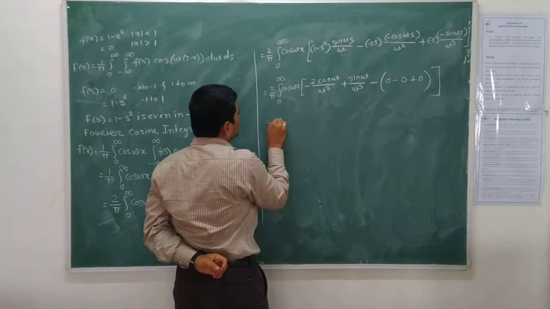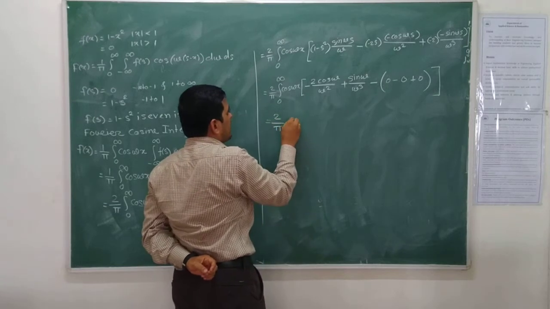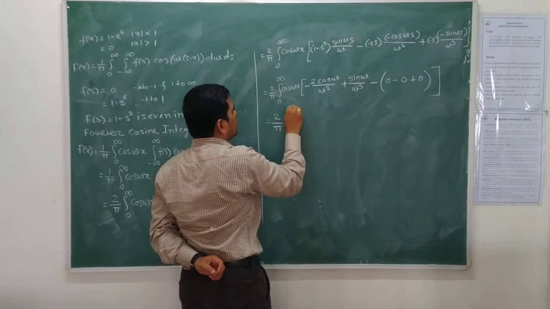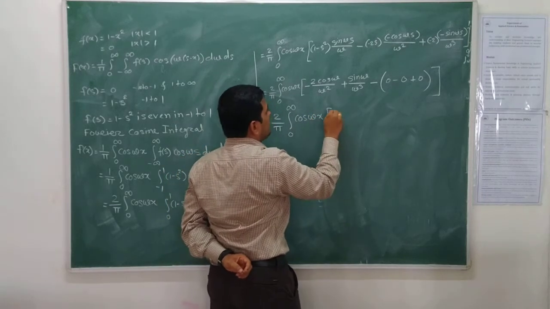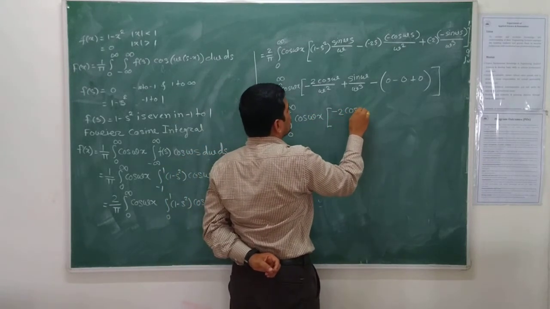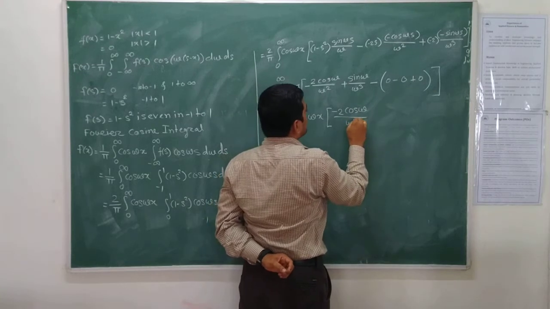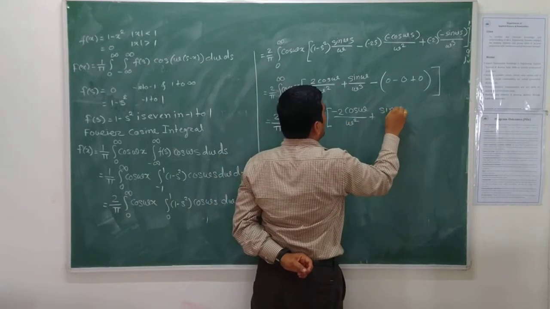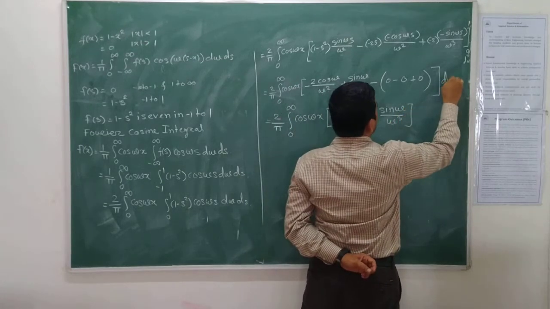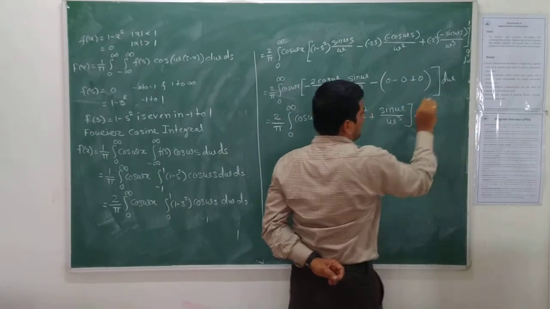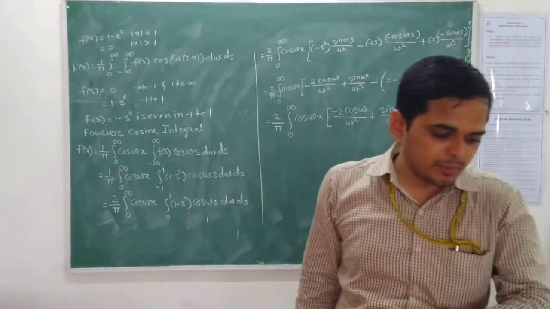So this equals 2 upon pi, integration from 0 to infinity cos omega x into bracket minus 2 cos omega upon omega square plus sin omega upon omega cube, into d omega. This part remains.